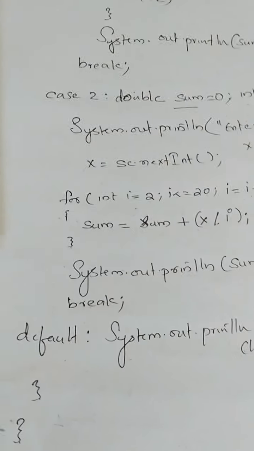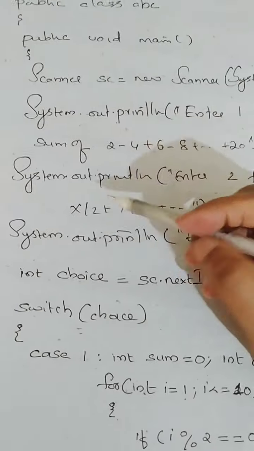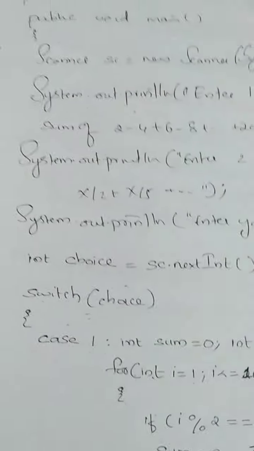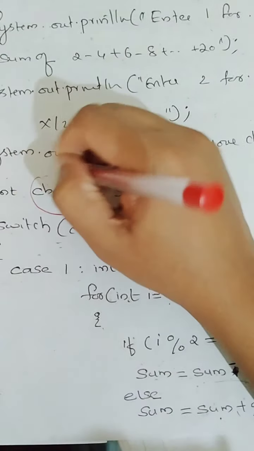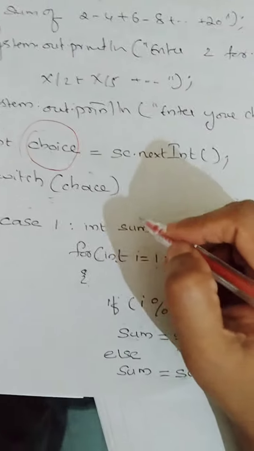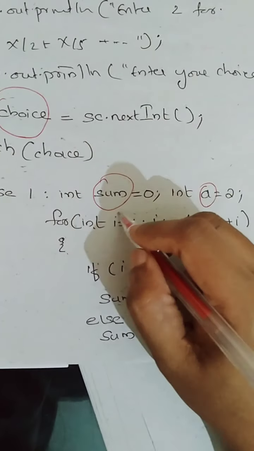And finally you have to write the variable description, marks also for that. I am not going to write a variable description, you have to write, but with the variables as, how many variables are there? 1 choice, sum, a, i.